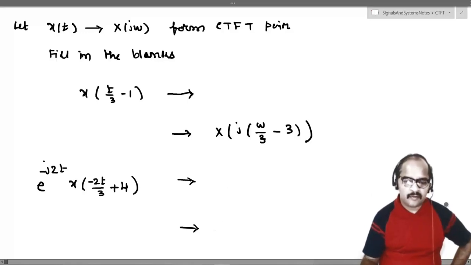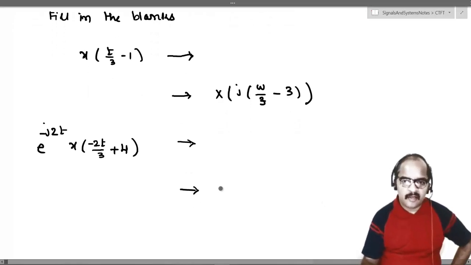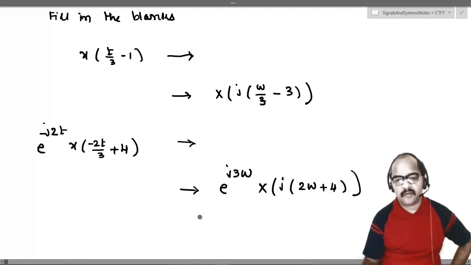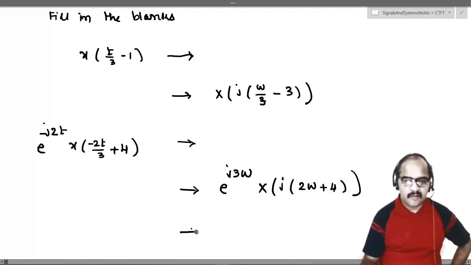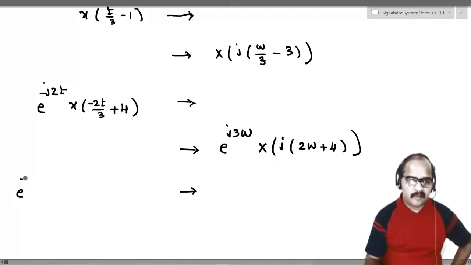Similarly, I'll say e power j 3 omega x of j times 2 omega plus 4. One more, I will say e power minus jt x of t minus 1 plus e power j2t x of t plus 2.